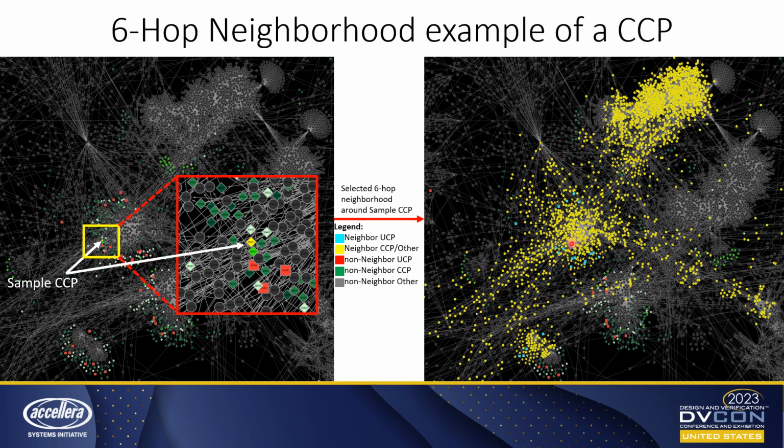The reason is that although these guys have been rendered in this graph farther from the CCP, from a hop distance perspective they are actually closer than these guys. They are rendered farther because they are closely associated with some of the nodes here. So that shows a visual representation of what the 6-hop neighborhood of a CCP looks like.